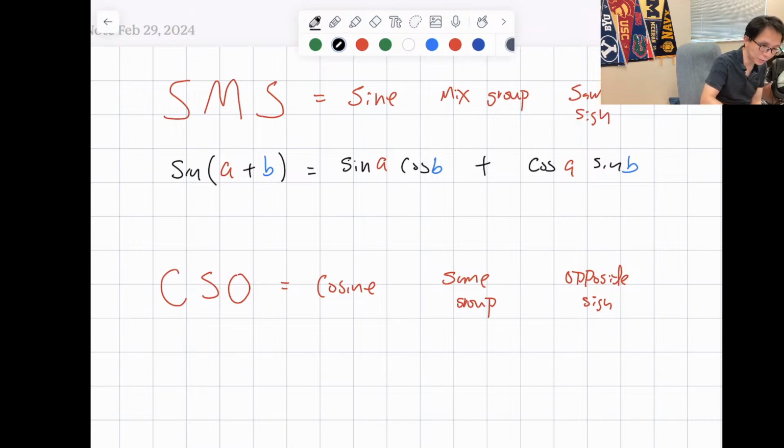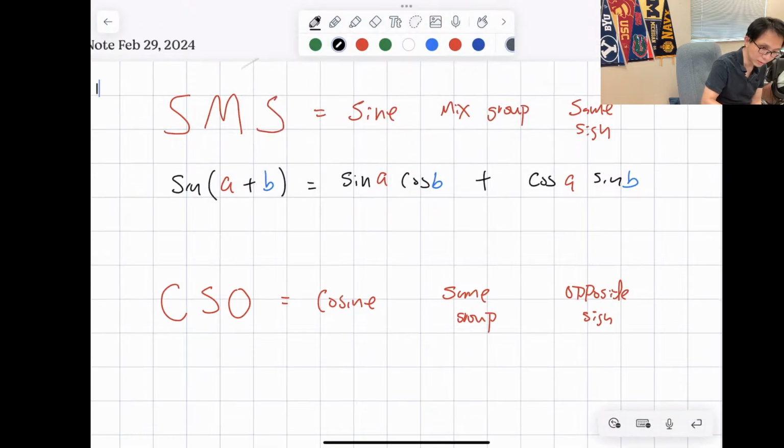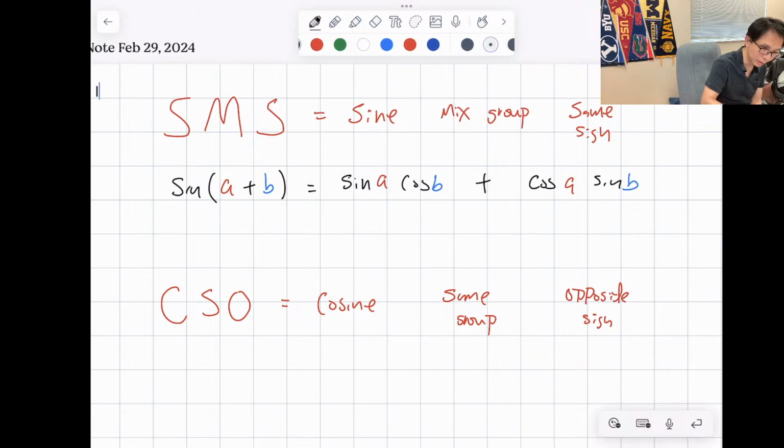Now I want you to do the same thing for the next one, which will be sine of A minus B, but without looking at the one on the top.